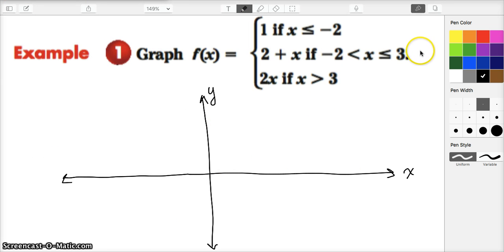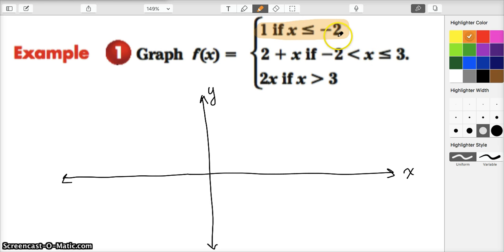So here's an opportunity for us in example 1 to graph a piecewise function. I really do like to use colors and try to help myself think about what this piecewise function means. So let's focus on this orange portion really quickly. First of all, let's observe the domain. The domain is all x values that are less than or equal to negative 2.